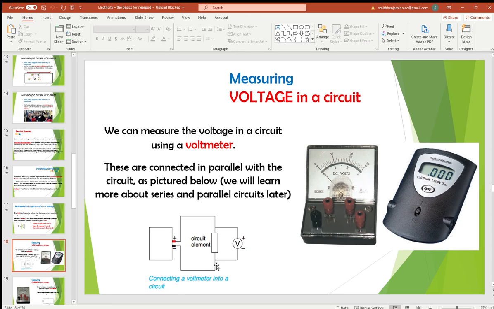The voltmeter can actually just be placed between or on top of the circuit, and it can measure the voltage going across something without actually having to be a part of it. This will make sense more later when we actually start building circuits in FET simulation. But for now, just understand that in order to measure voltage, it doesn't have to be connected directly into the circuit.